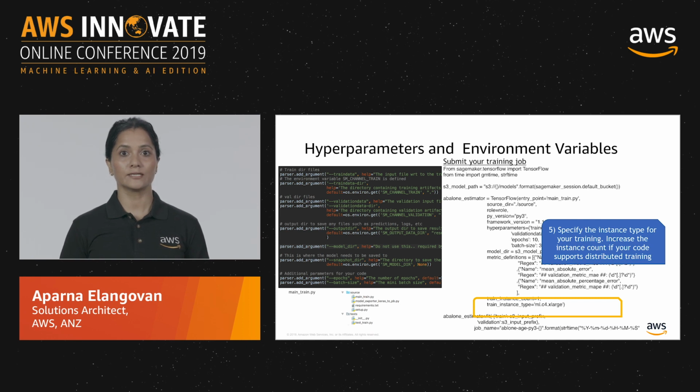SageMaker will now launch an ml.c4.xlarge instance, pull a TensorFlow Docker container, download the code and data pointed by the S3 locations you specify, execute your code, capture all the logs and metrics, and then upload all the output artifacts to S3, and then eventually shut down the training instance so you're only charged for the duration of your job.